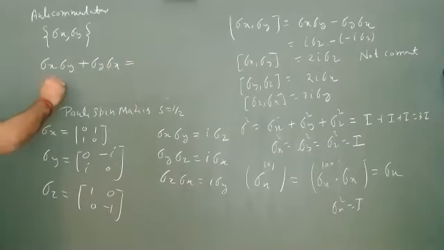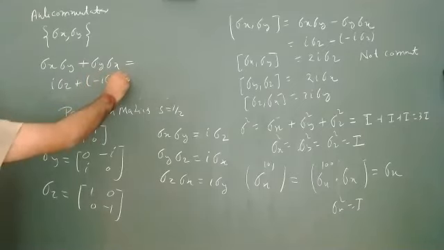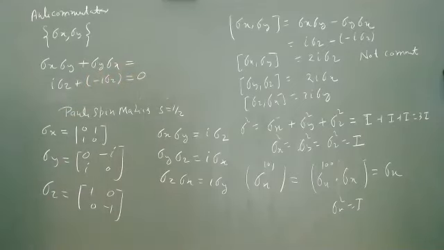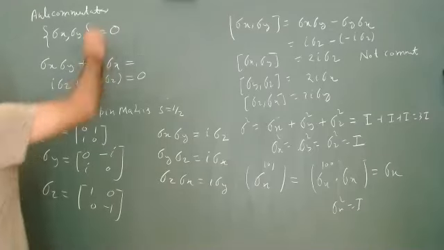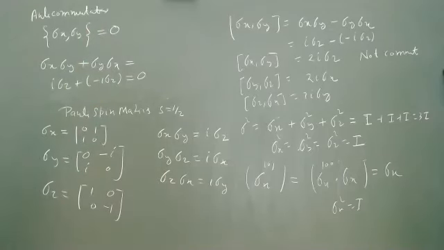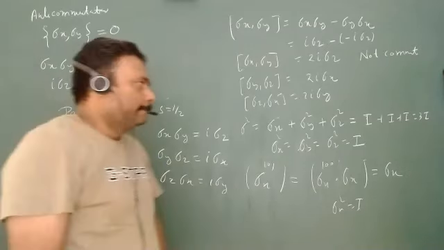How can you check it? This will be I sigma z plus minus I sigma z, and that will be 0. So Pauli spin matrices will anti-commute. They will not commute. You have to remember all these properties of Pauli spin matrices.